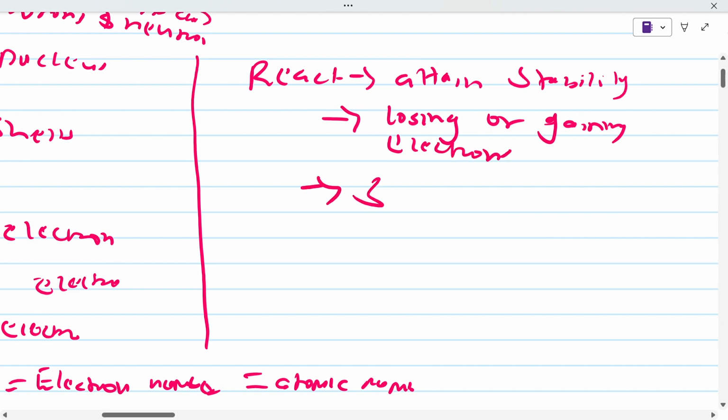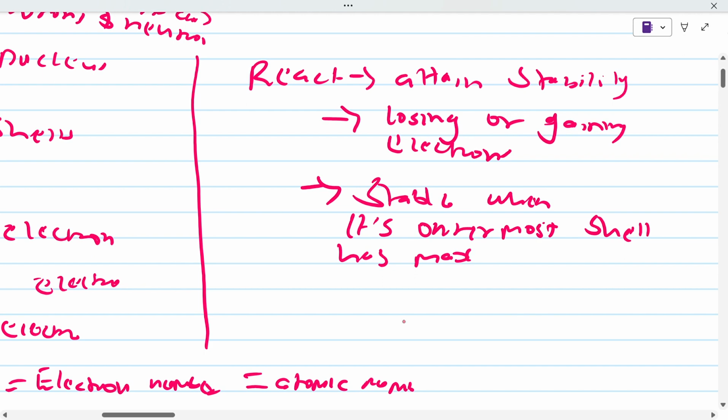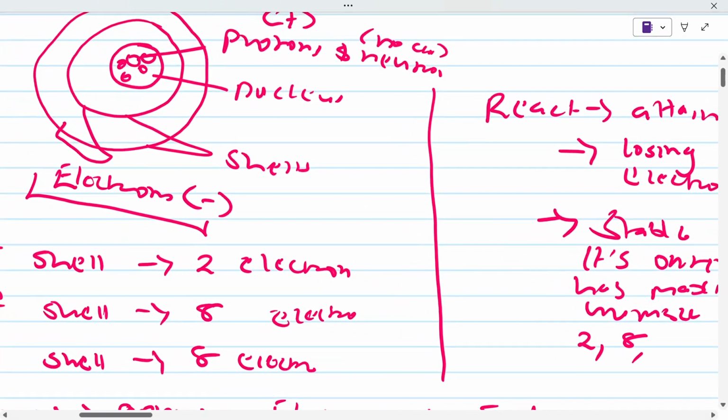An element is only stable when its outermost shell has the maximum number of electrons. Meaning, if it is the first shell, it must have a maximum of 2. If it is the second or third, it must have a maximum of 8. So that's why elements react. Okay, that's what I wanted to explain in that bit.